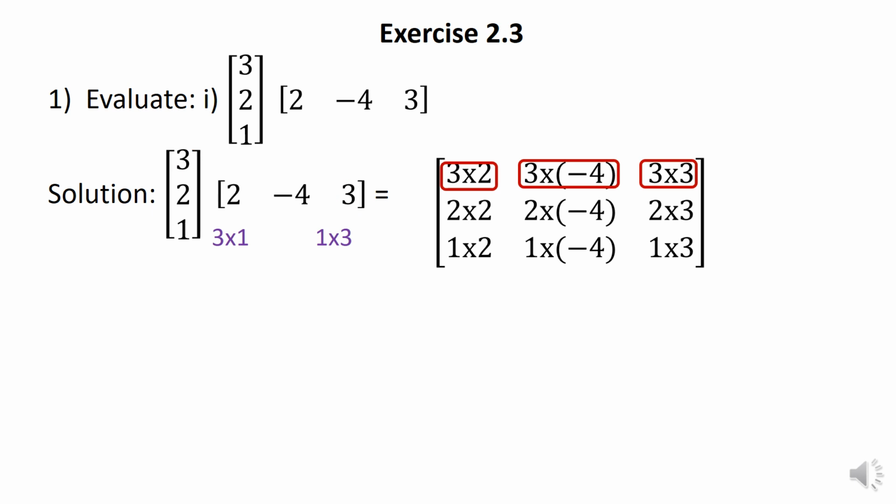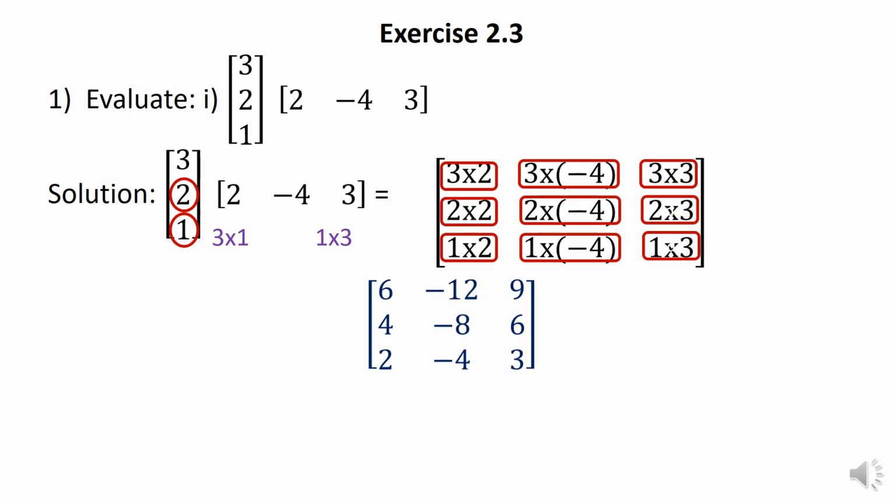Same way, the element in the second row of the first matrix is multiplied with the element in the first column of the second matrix, and so on and so forth. As you can observe, this is the way we are getting the answer here. Thus we get the answer, and after doing all the multiplications, we get the final answer as so. So in this way, we can multiply two simple matrices together.